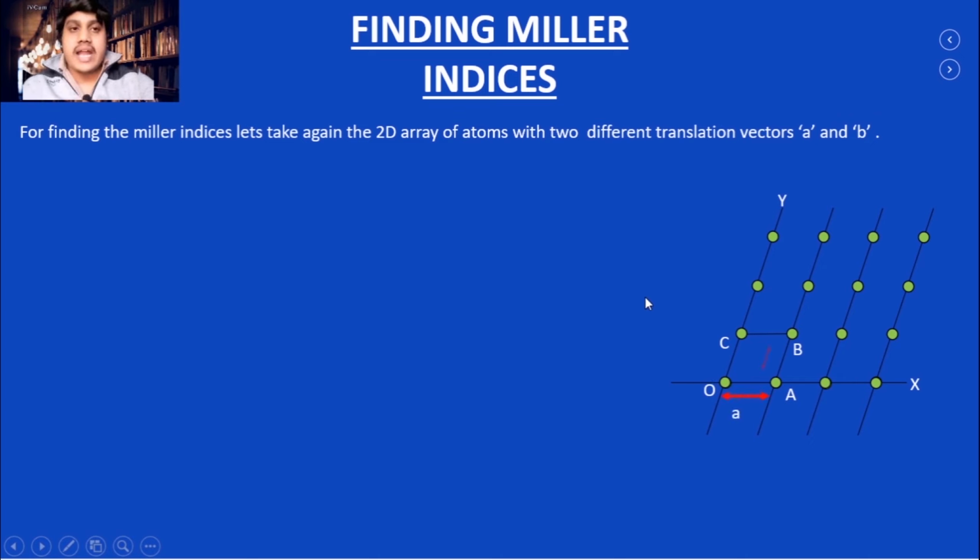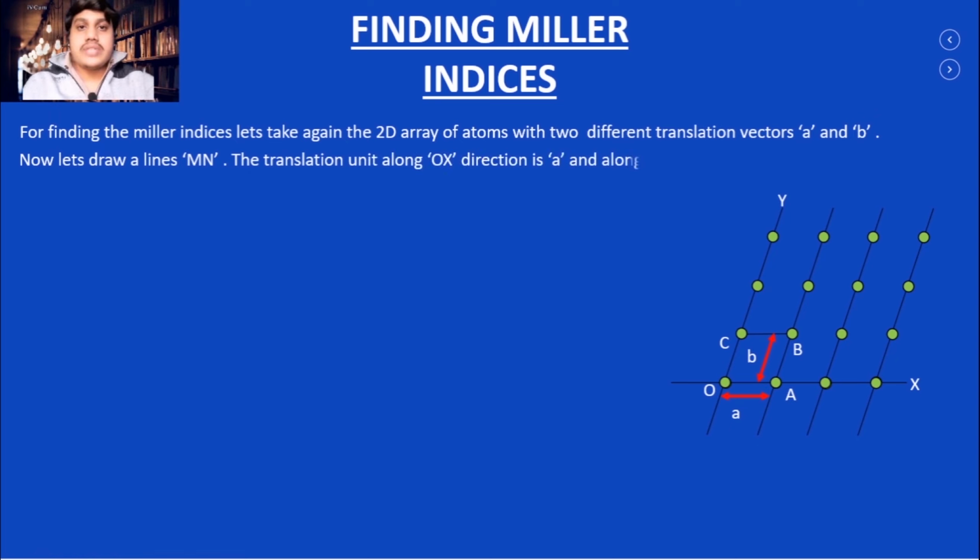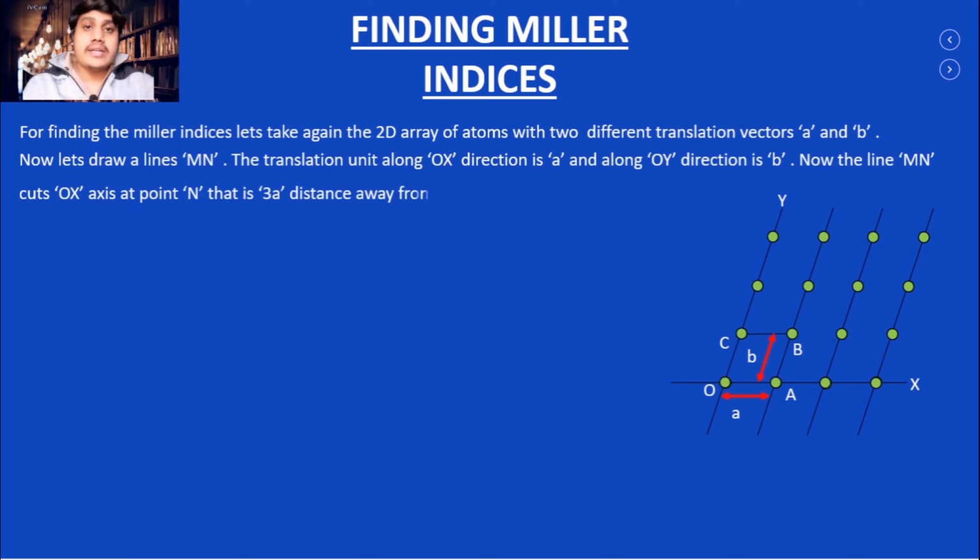The distance between two adjacent atoms along the x-axis is A, and along the y-axis it's B. Now let's draw a line MN. I'm going to tell you how you can find the Miller indices of the line for a 2-dimensional array, of course. So this is our line MN, with points M and N.